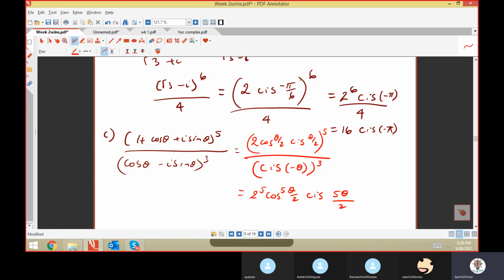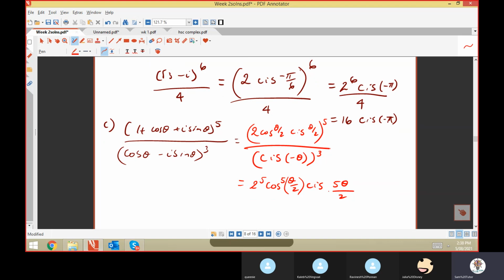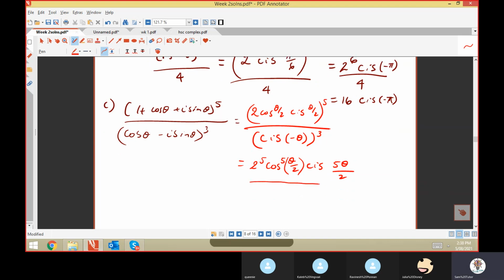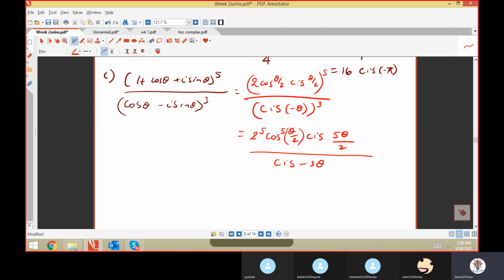Be careful, that's cos to the 5. I'll point that out so you guys don't get that mixed up. Over cis negative 3 theta. And then what do you do here when you divide cis? You subtract the angle.